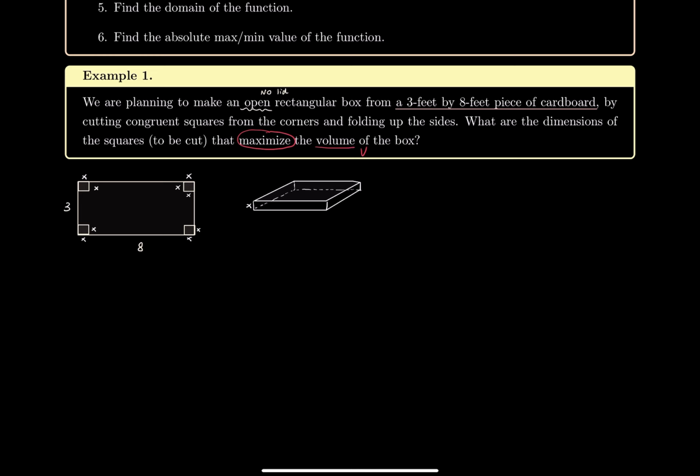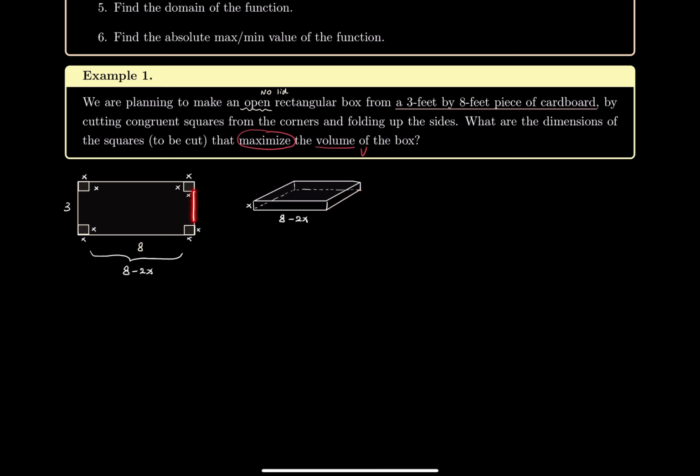Now let's look at this part. Once I fold it up, that's going to be this part and this part. In total, this is 8, this is x, this is x. So this part is going to be 8 minus 2x. That's 8 minus 2x. We also have this part to figure out.